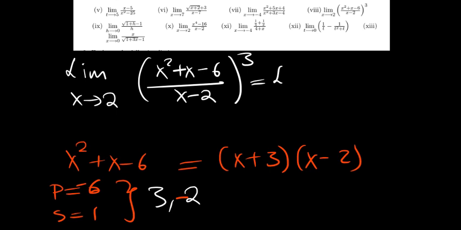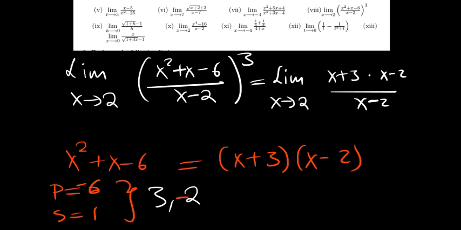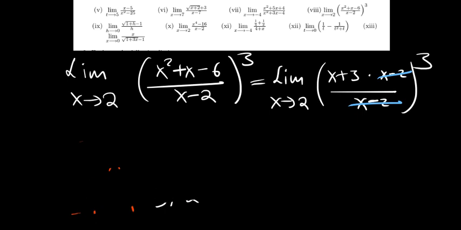So we have a limit as x approaches 2, and then you have x plus 3, and then x minus 2 over x minus 2. All this is raised to the power 3. So this and that will divide. So the denominator, which was leading to a 0, has finally been dealt with.